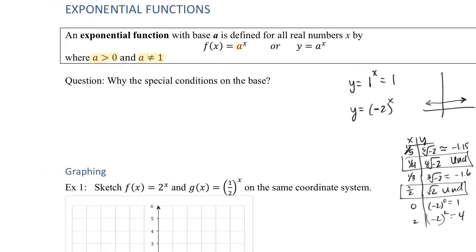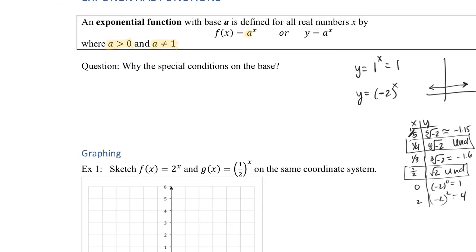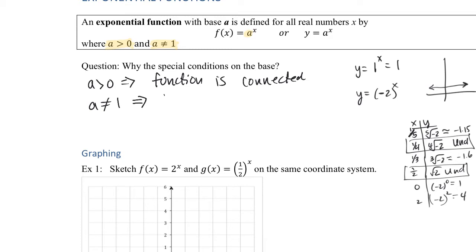That's why we have those conditions: if a is positive, it leads us to a function that is connected without any holes. And if a is not equal to 1, then we're able to have an inverse.